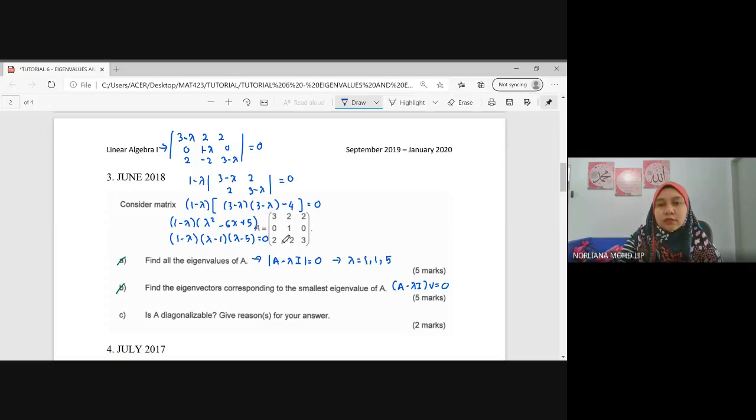So substitute for lambda, the smallest eigenvalue, lambda equal to 1. 2, 2, 2, 0, 1 minus 1, 0, 0, 2, 2, 3 minus 1, 2. So equal to 0. So this one 1 over 2.